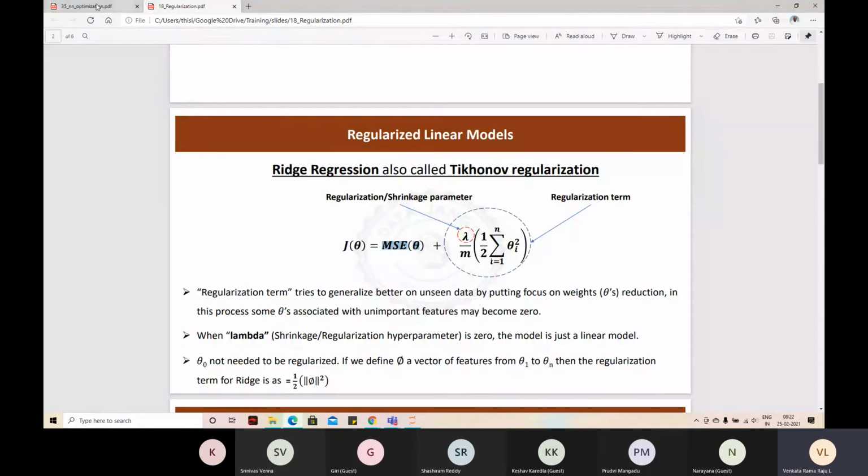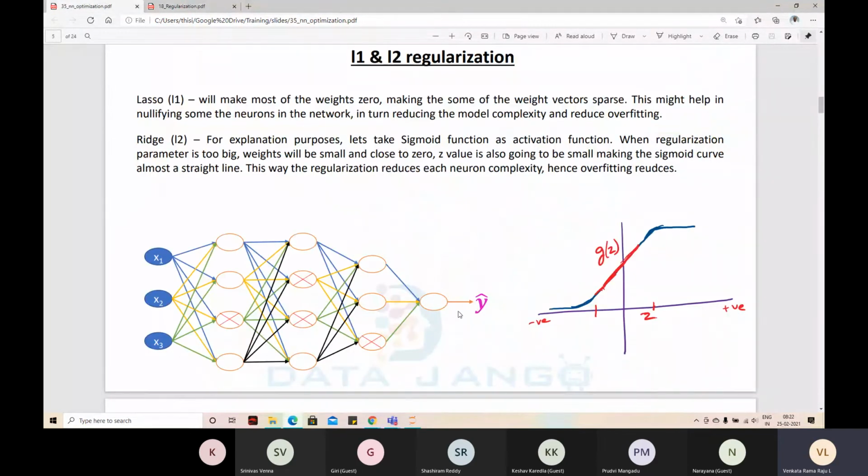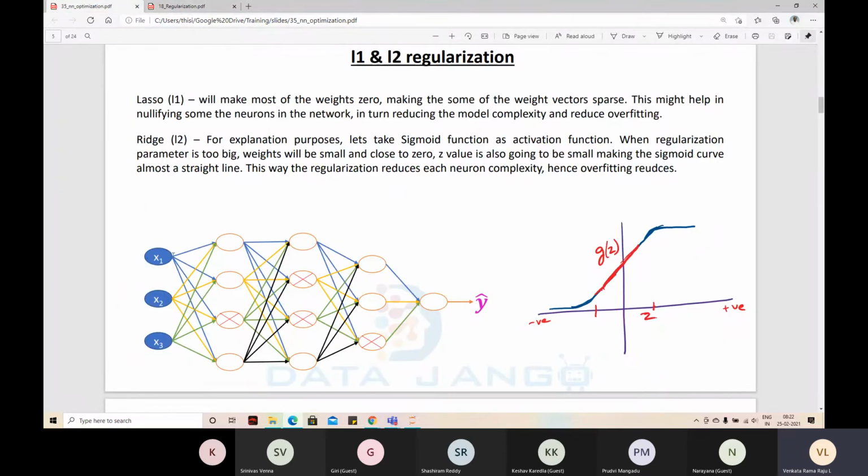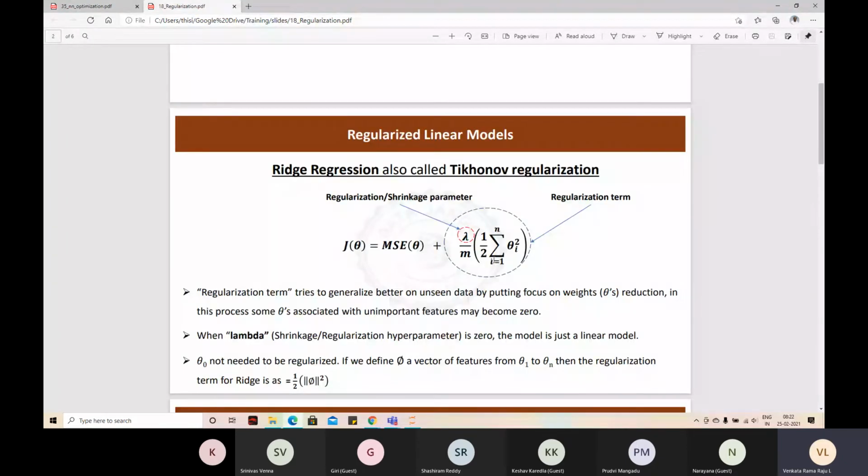To calculate cross entropy, you need y cap, which is given by the last node, and then you need all the weights involved in calculating y cap. Those are the kernel weights. You take all of them and put 1 to whatever, so here 1 to n, because there are n input variables. So you will have n thetas.